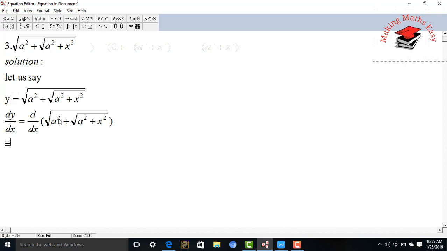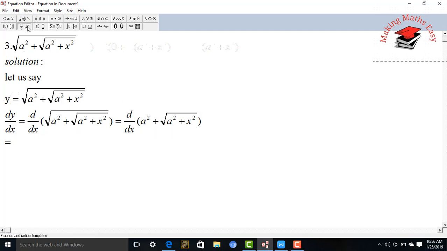So first of all, take the square root as a power. So it will be 1 by 2. After taking the square root as a power, we will get dy by dx equal to d upon dx of this function, and the power of this function is equal to 1 by 2.